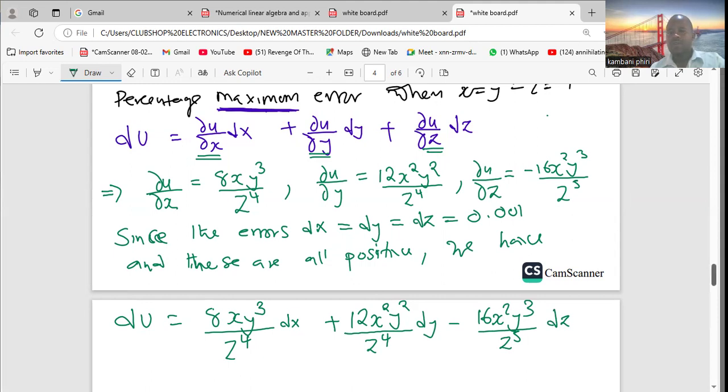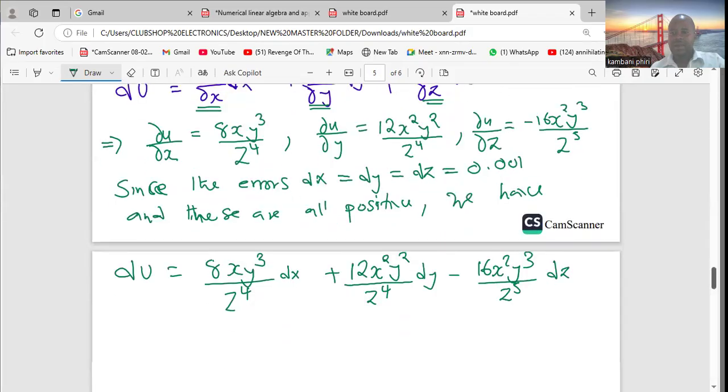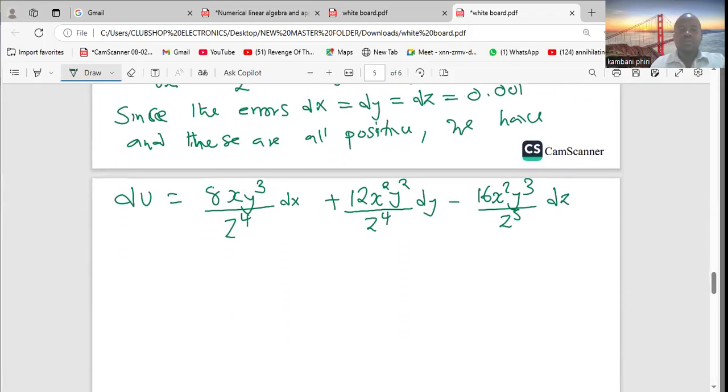Okay, now for us to determine the percentage maximum error, we get the maximum of du. So du max: to get the maximum, we are going to introduce the absolute value.